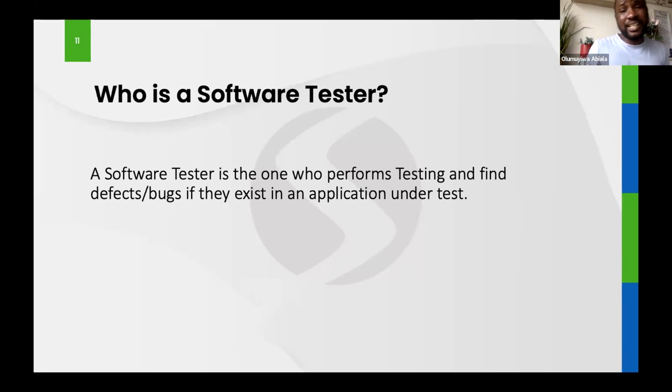And now a tester performs a test. What is it performing a test on? Why is it performing the test? And who is it performing the test for? One, you are performing a test on an application. If you remember from the onset, I said you're meeting a requirement, you're meeting an expectation, and you're meeting your customer's need.